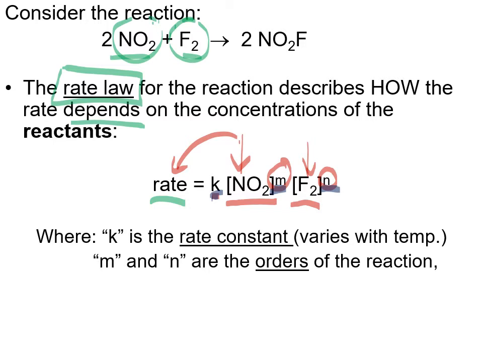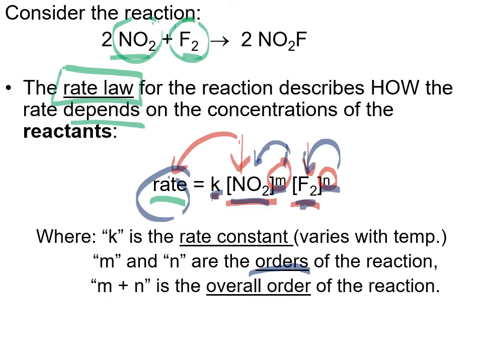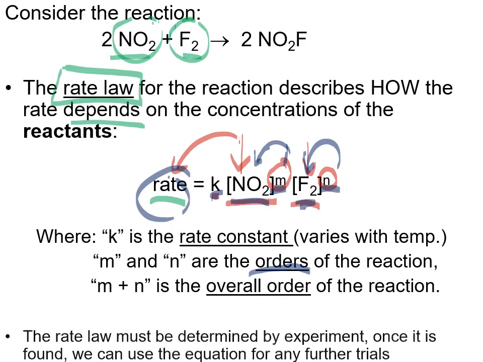They are essentially the order of reaction, so M is referring to NO2, and N is what's referring to F2, how those reactants affect the rate of reaction. And we call them the orders of reaction. If you add those two together, if you sum up the orders, that's going to be the overall order of the reaction.